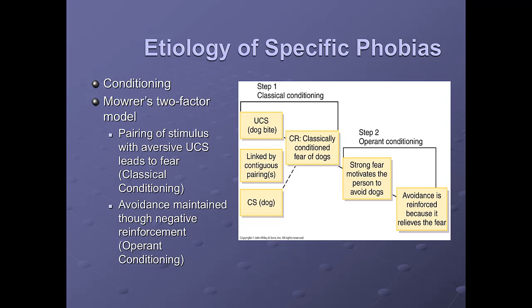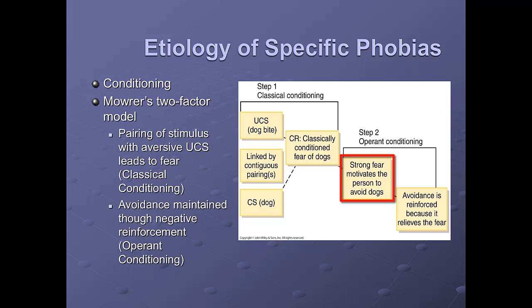The next step, step two, is the operant conditioning. So every time he feels this strong fear, he feels very motivated to avoid dogs. He will go so far as to call before he comes over to make sure that people put their dogs in the backyard, or even to see if there's going to be a dog there. And if there is, he won't come.